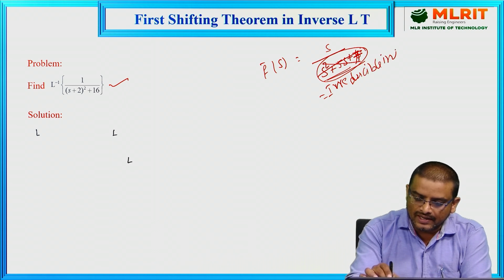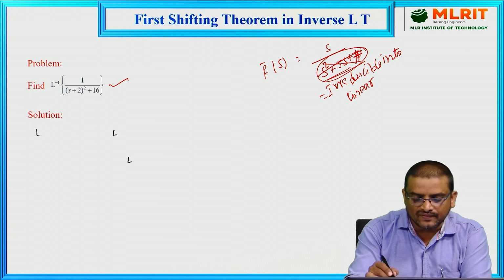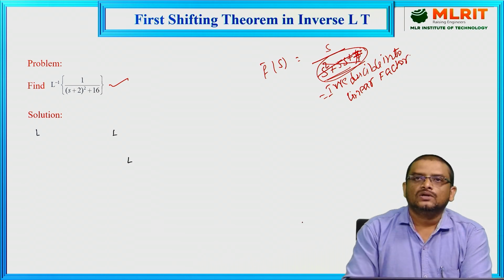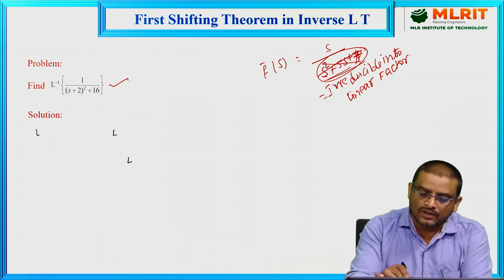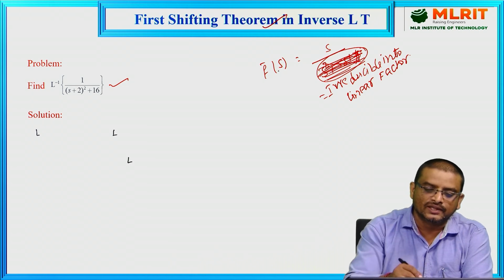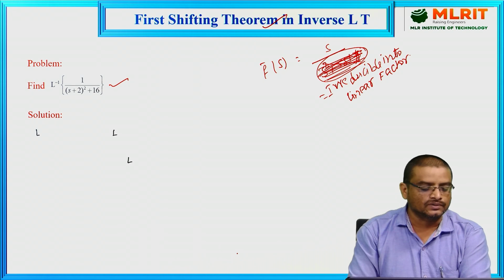If it is reducible into linear factors, then we can go for partial fractions. If the given quadratic polynomial is not reducible into linear factors, then we have to take the help of this first shifting theorem here.